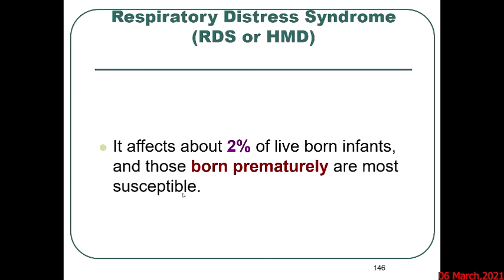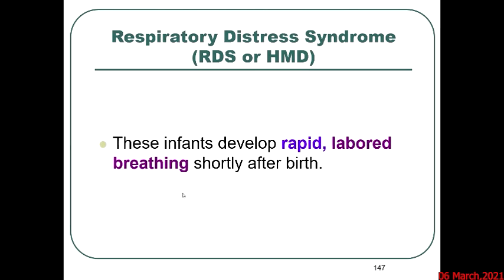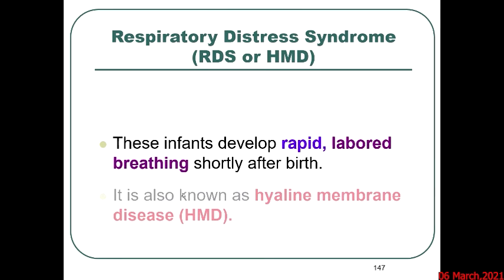We can start that it affects 2% of live-born infants. That is very common. 2% means 2 in 100, and those born prematurely suffer more, and these infants develop rapid labored breathing shortly after birth.